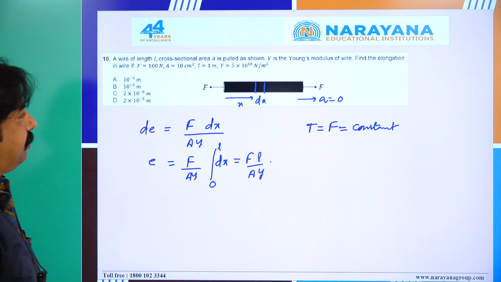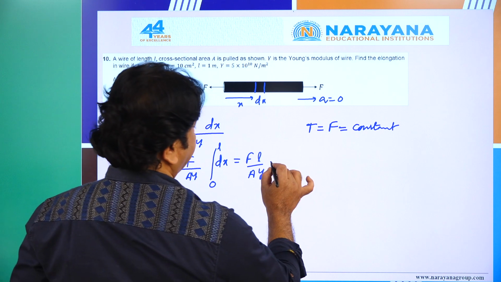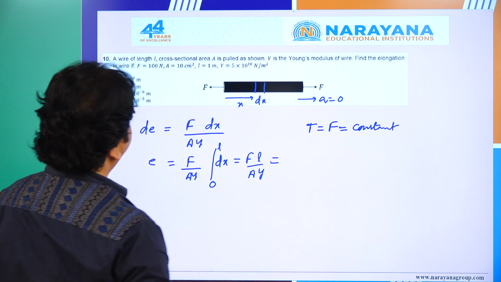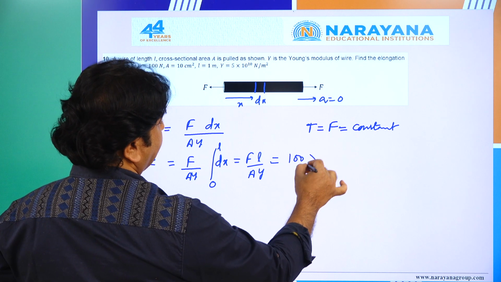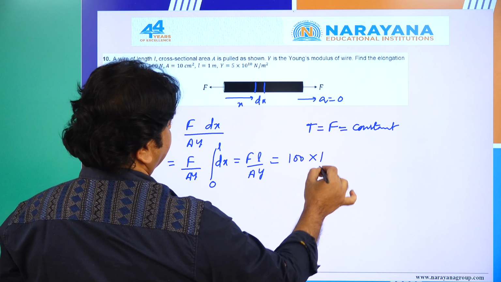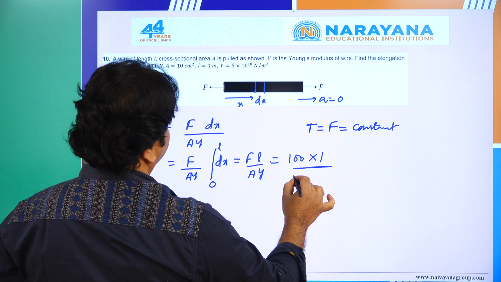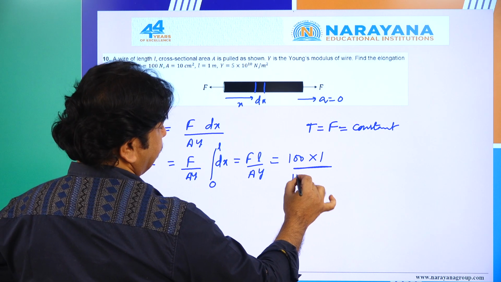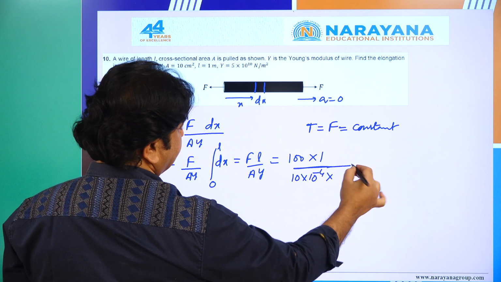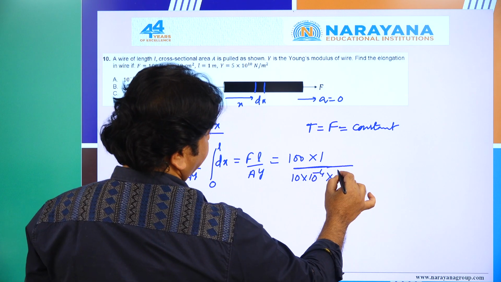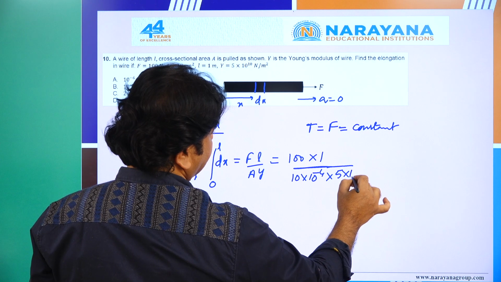So directly apply the formula with the different values one by one. F is 100, L is 1 meter, A is 10 centimeter square, 10 into 10 to the power of minus 4, Y, Young's modulus, is 5 into 10 to the power of 10.